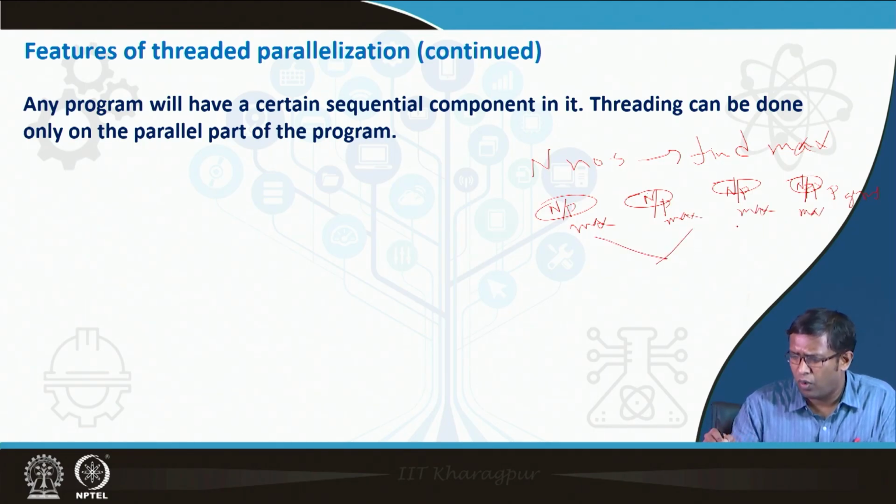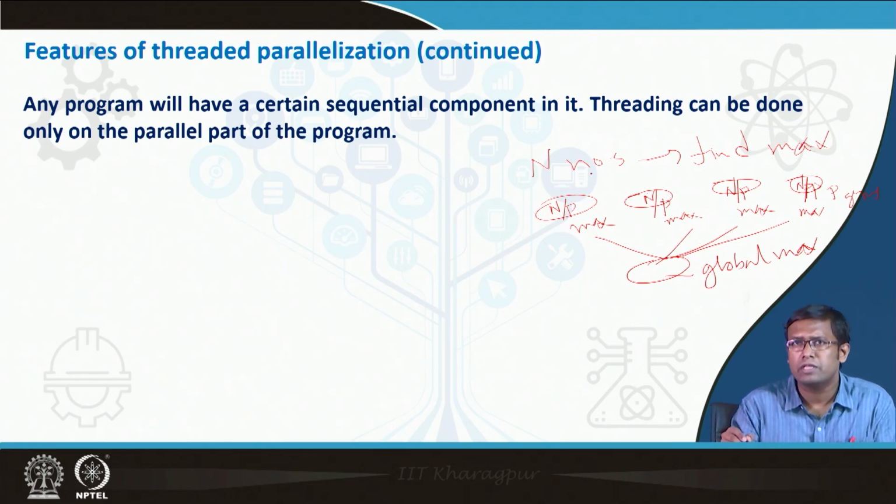And then all these local maxes are collected somewhere, and I find the global max. So instead of operating over n numbers, each thread is operating over n by p numbers, and if each thread is going to an independent processor, it is operating faster, it is using the parallelism.